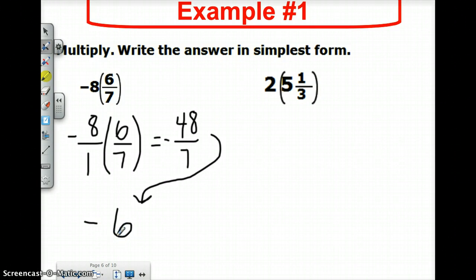We're left with 7 times 6, which is 42. 48 minus 42 would give us 6, and our denominator would stay as 7. So negative 48/7, and if we write it as a mixed number, it's negative 6 6/7.